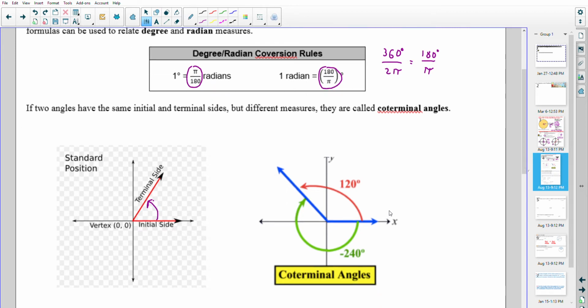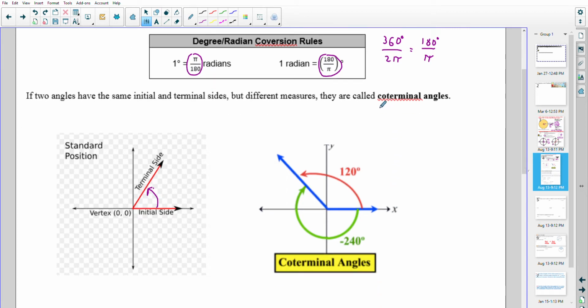Now, one idea is also called a coterminal angle. Coterminal angles are angles with the same terminal side. So you can see in this diagram, this angle in standard position is going to have the same initial and terminal side as the green one, except you're going in opposite directions. This direction is positive.